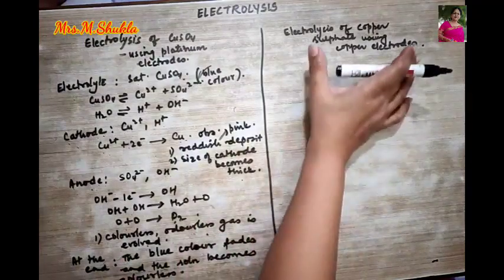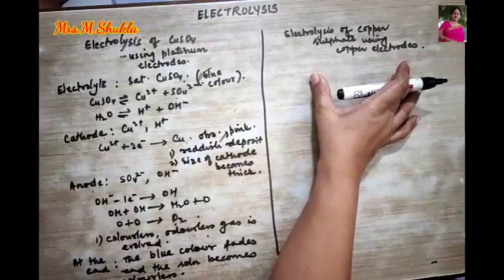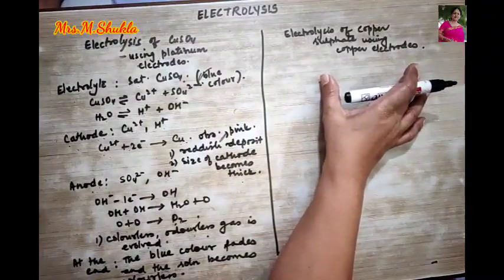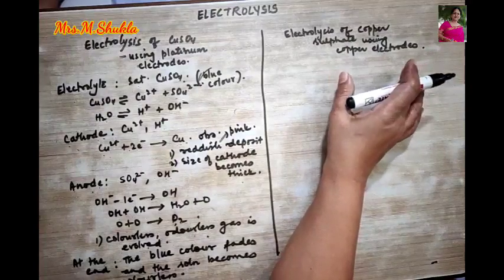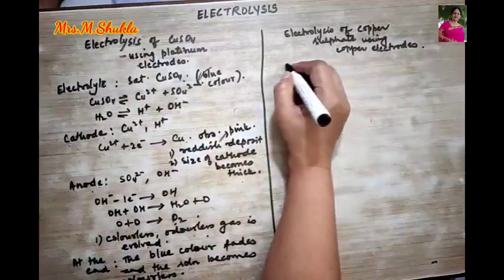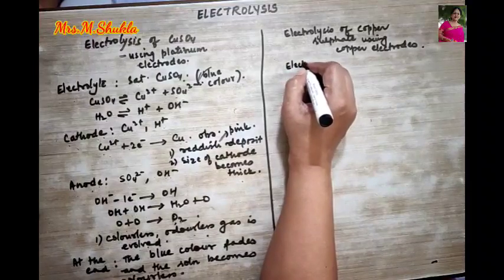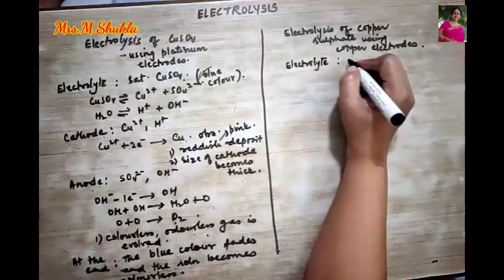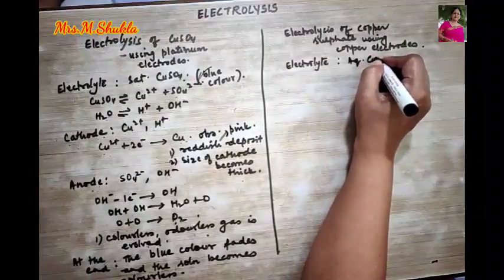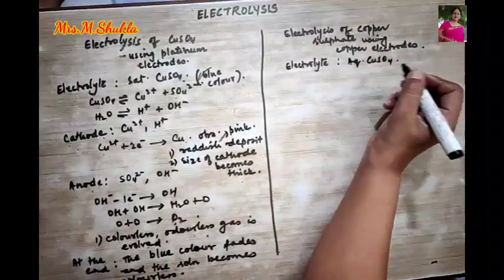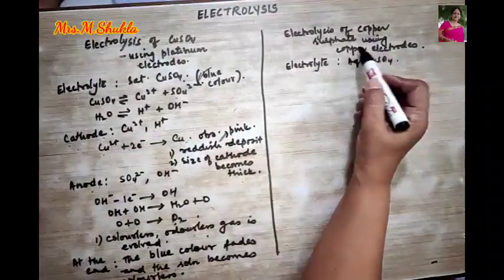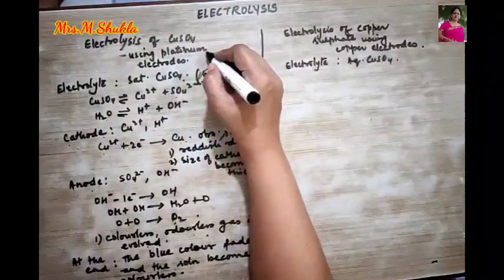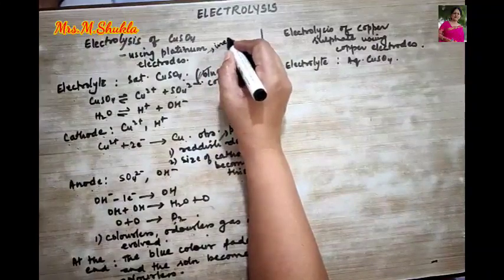We are now going to talk about electrolysis of copper sulfate using copper electrodes. Okay, so over here once again the electrolyte that we are using is your aqueous copper sulfate, right? So the electrode, what are you using? Because here the electrode was inert, isn't it?